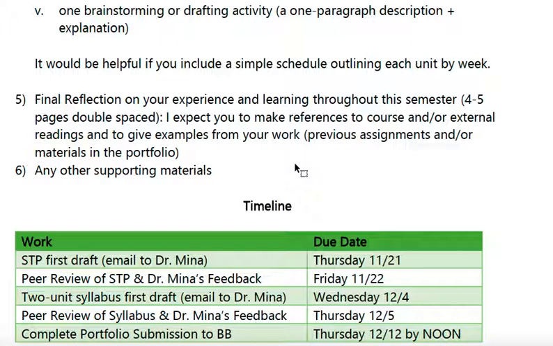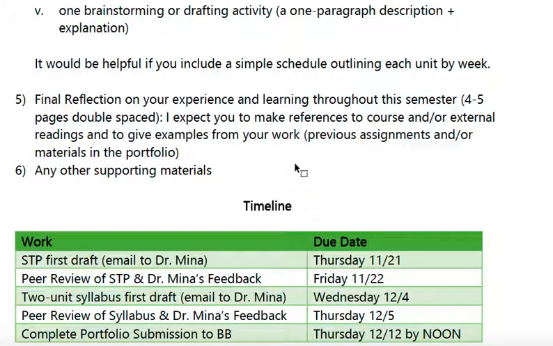Between the course readings, between your classroom experience, between your prior knowledge to coming to this class, I want you to bring it all together here. Okay, I expect you to make references to course and or external readings and to give examples from your work. So if you say that I've learned to do so and so, or this has changed my approach to doing so and so, give me one example to support what you're saying.